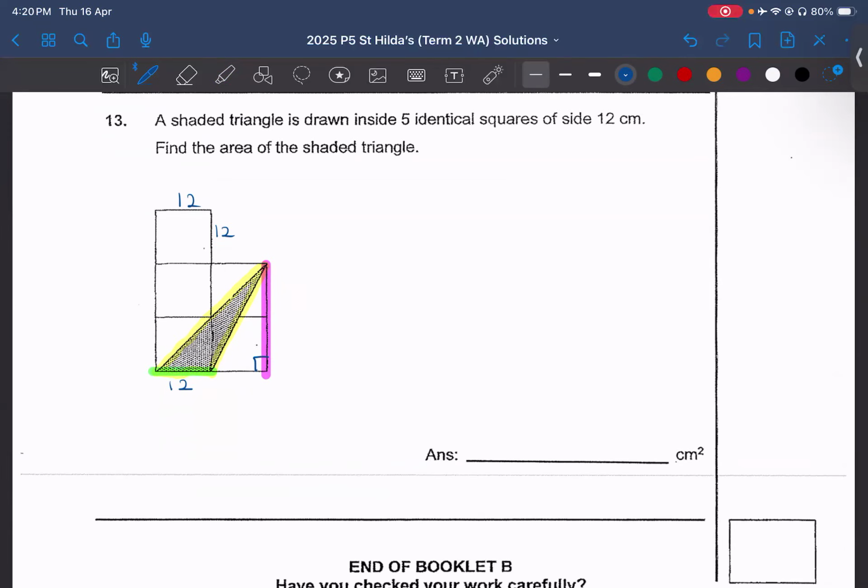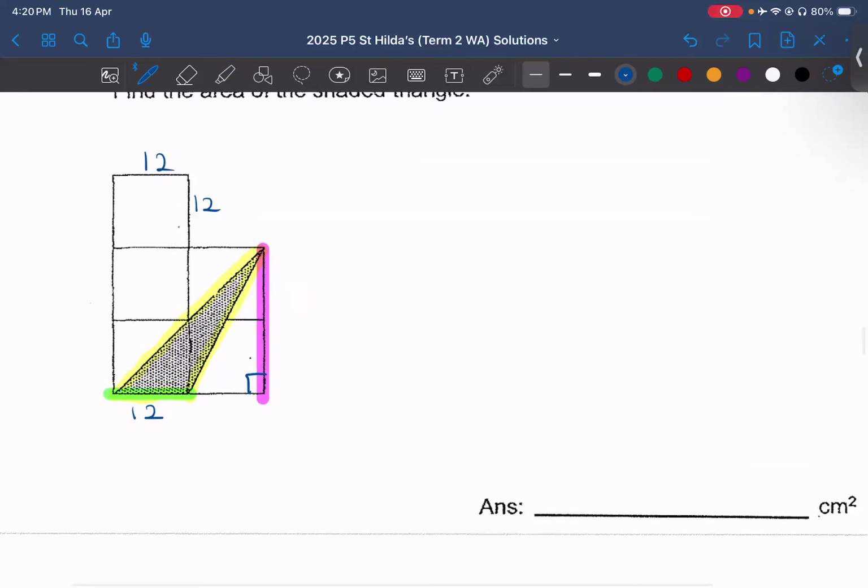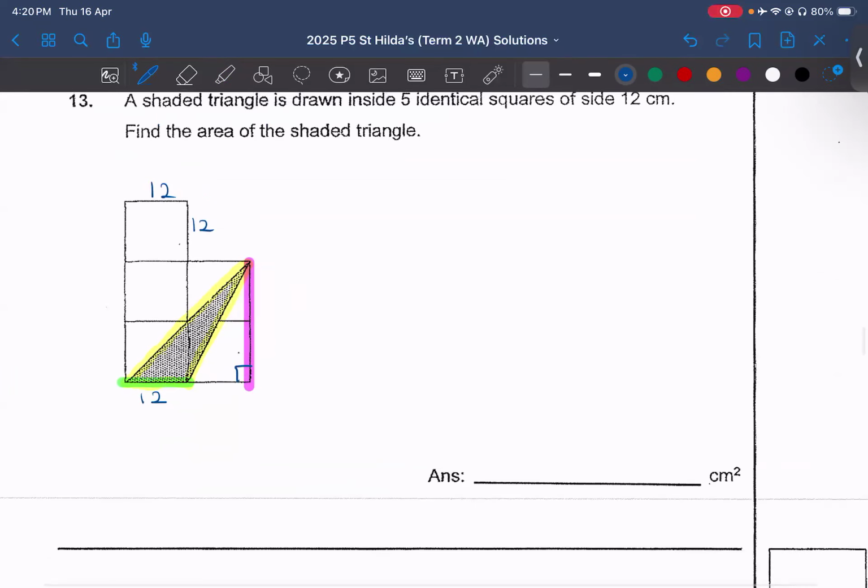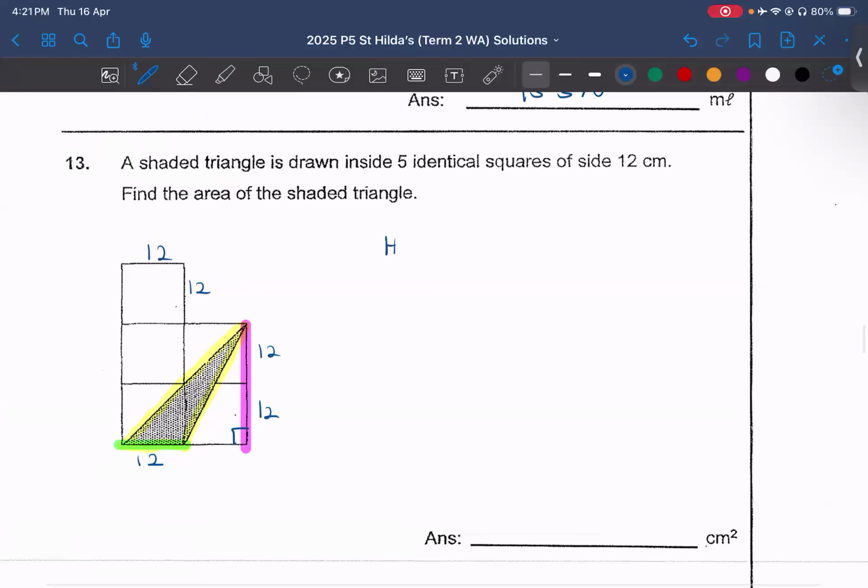So the height, which is in purple, represents two sides of 2 squares, so it's 12 and 12. To find the height of your triangle, take 2 times 12, which is 24 centimeters. Then to find the area of your shaded triangle, we take half times your base, which is 12, times your height, which is 24.